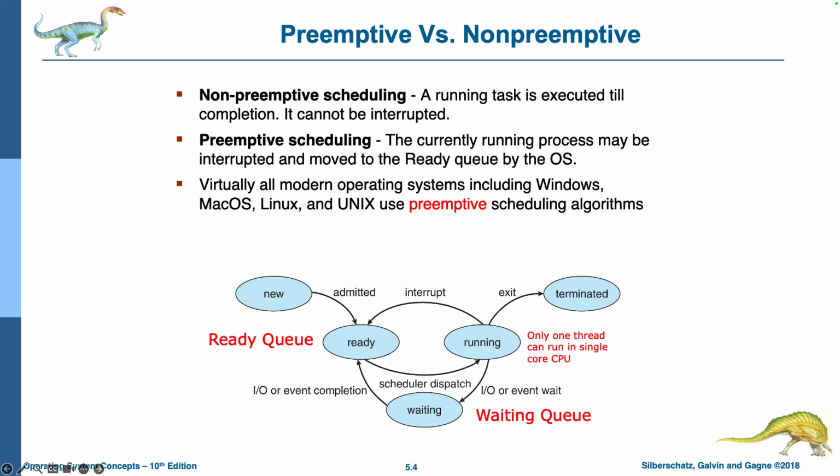And once it's ready again, it moves to running again. So virtually all operating systems, Windows, Mac, Linux, Unix, use the preemptive scheduling algorithm.